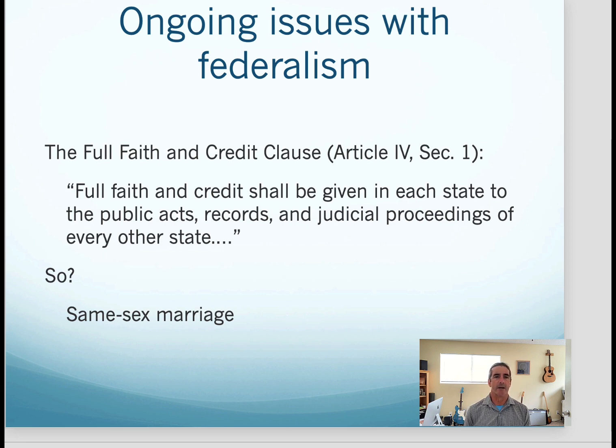The public acts and records that they're talking about in this clause in the Constitution are things like marriages, divorces, adoptions, etc. And what this means is if you're married in California and you and your spouse travel to Oregon, you're still married in Oregon. If you adopt a child in California and you move to Illinois, that kid is still your kid in Illinois.